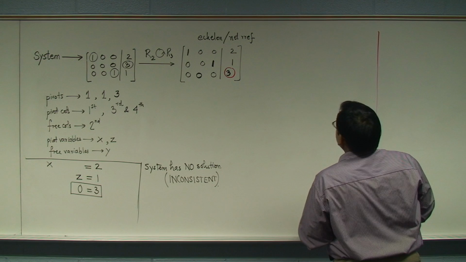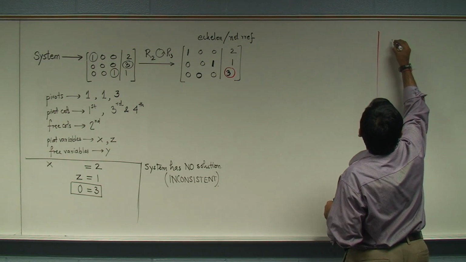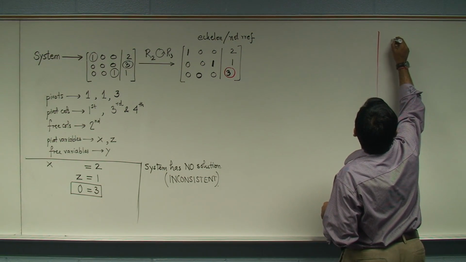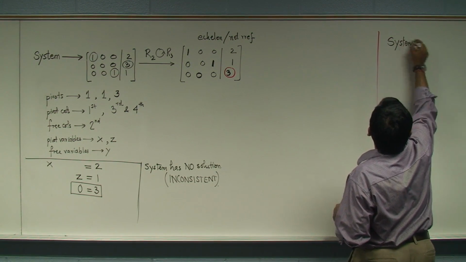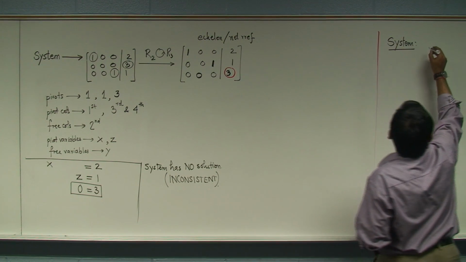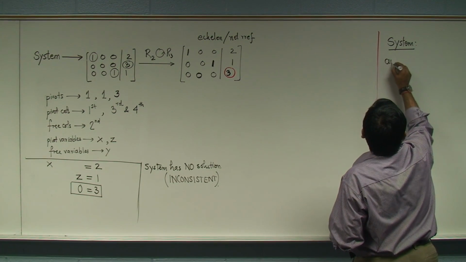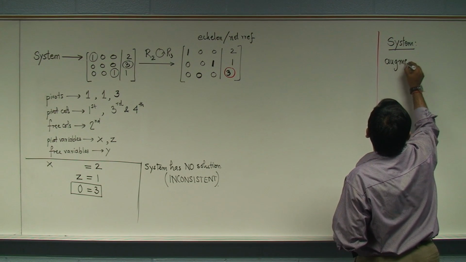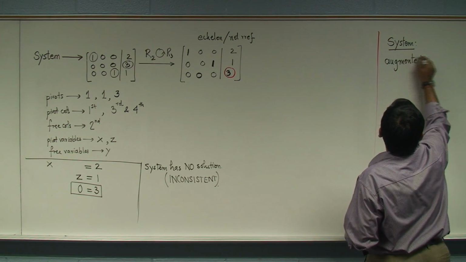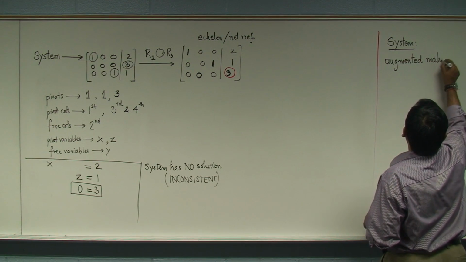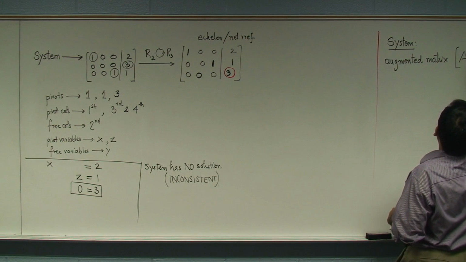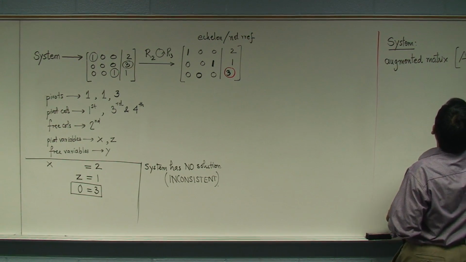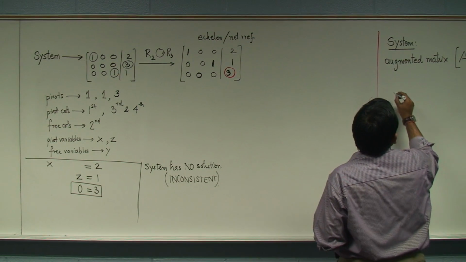So the observation we made was, suppose I have a system of equations whose augmented matrix looks like this. A is the coefficient matrix, B is the right-hand side vector.